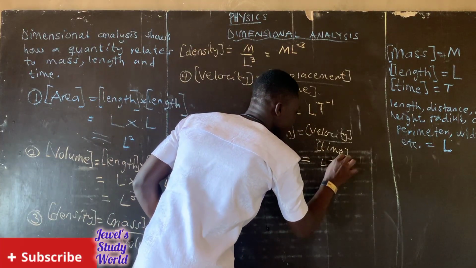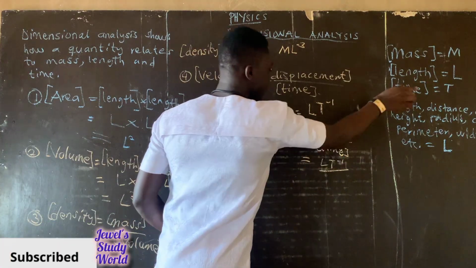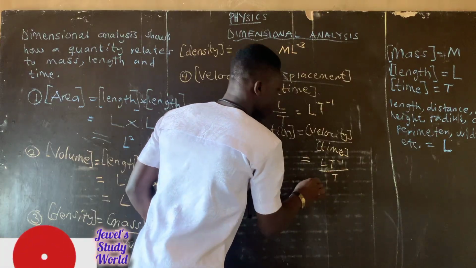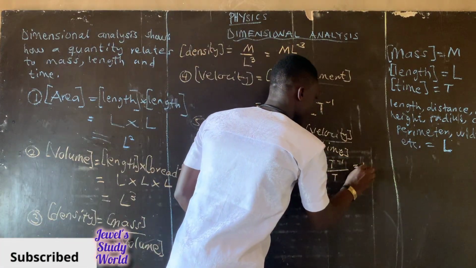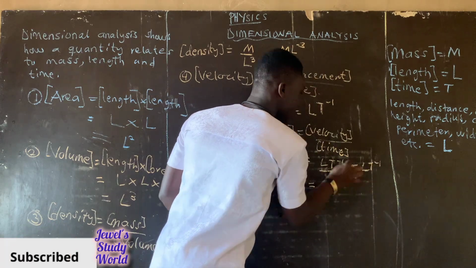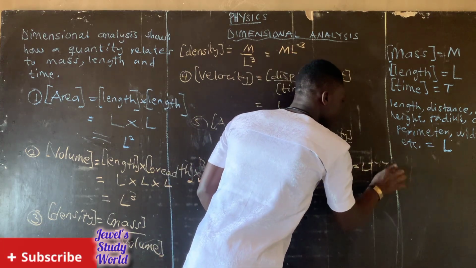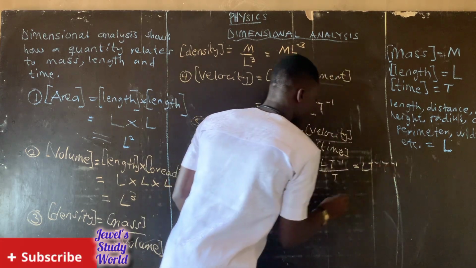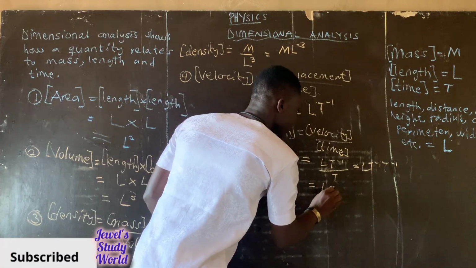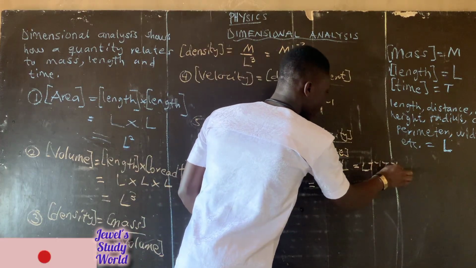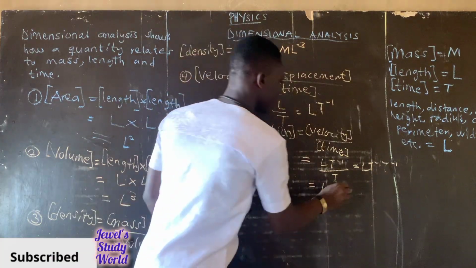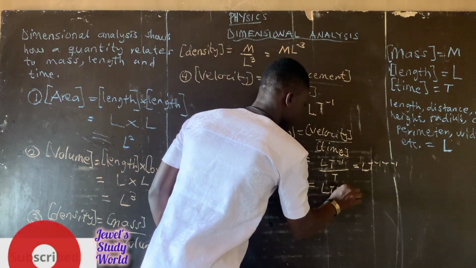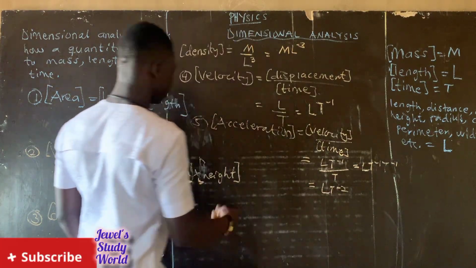So LT negative 1 over T. I have to express the T as a numerator, so it becomes LT negative 1, then the T becomes T negative 1. So negative 1 plus negative 1 means negative 2. So I have LT negative 2 as the dimension of acceleration. So now let's continue.